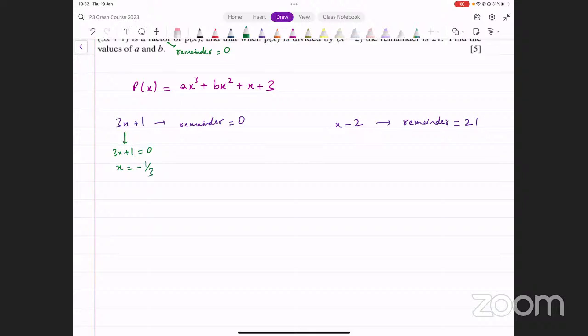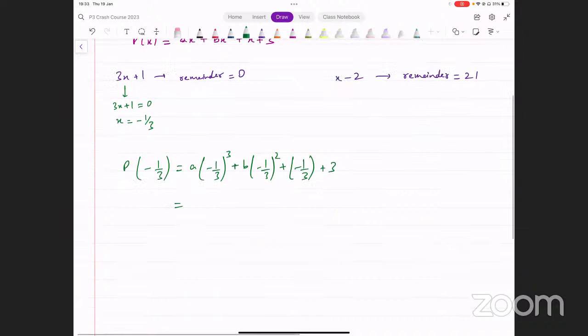And you put this value of x in that polynomial. You find p of minus 1 over 3. You evaluate this thing. In place of x in this polynomial, you put minus 1 over 3 and see what you get. a into minus 1 over 3 whole cube plus b into minus 1 over 3 whole squared plus minus 1 over 3 plus 3.